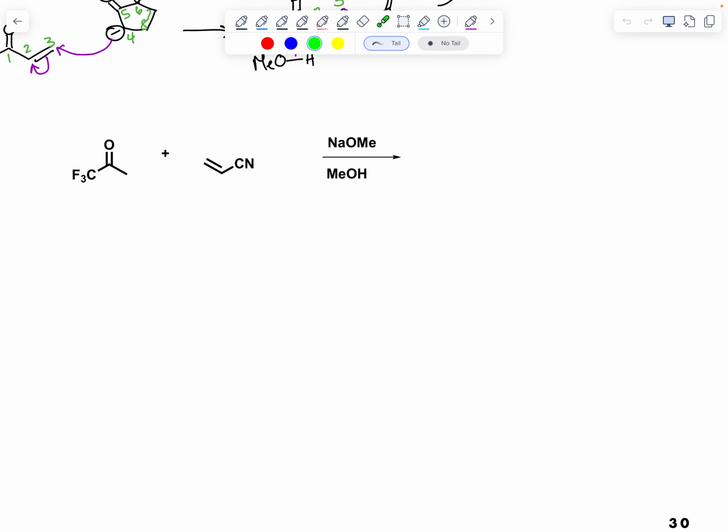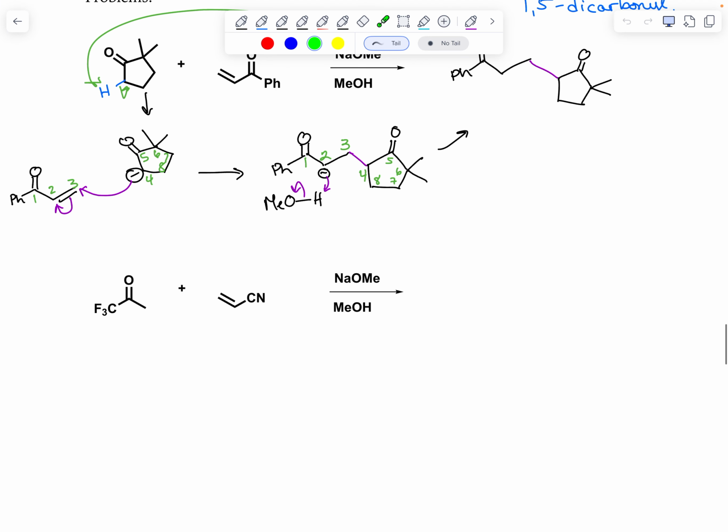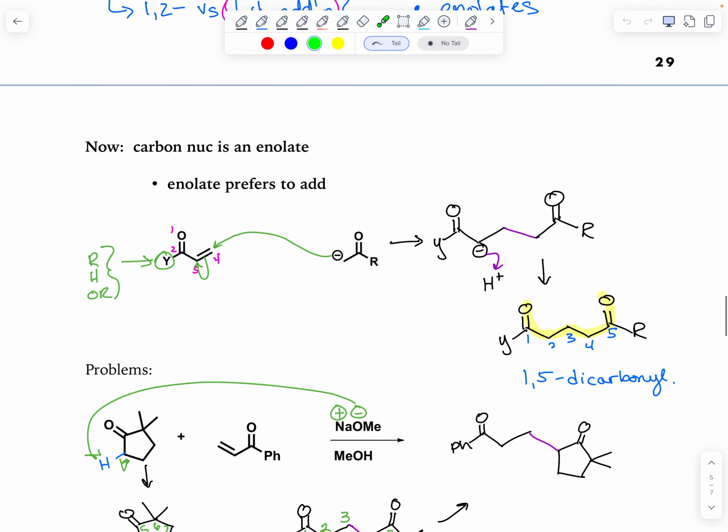So we generate a resonance form where we can stabilize that minus charge on the electronegative nitrogen, just like we would on an oxygen of a carbonyl.